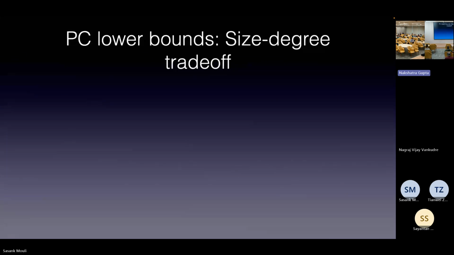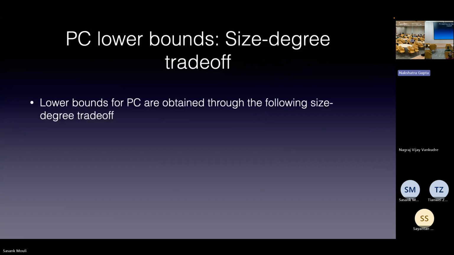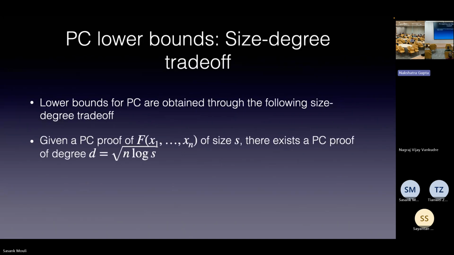The key tool used for this is what we call the size-degree trade-off. It says that if you can prove a strong enough degree lower bound on any proof of a formula, then you automatically also get size lower bounds, that the size also has to be large.